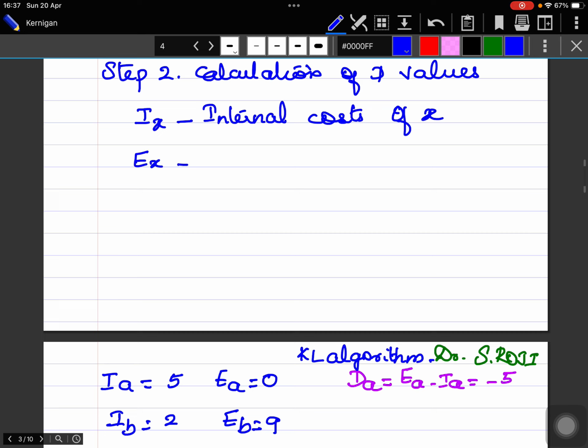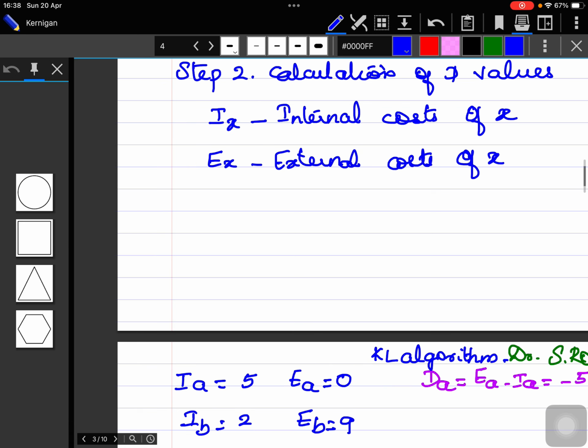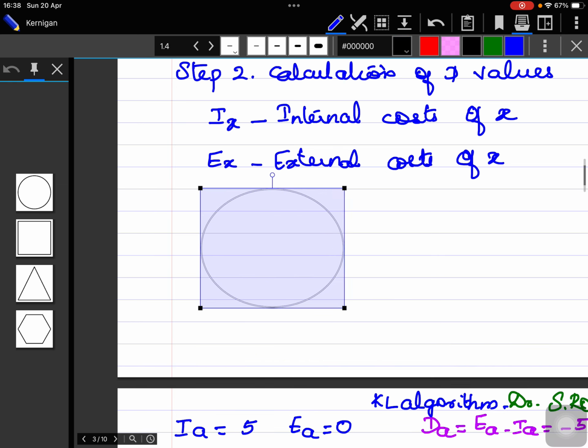Similarly, Ex is the external cost of x. So x, y, z may be found in the same partition. I'll just draw and show you so that it will become easy for you. I have two partitions here.